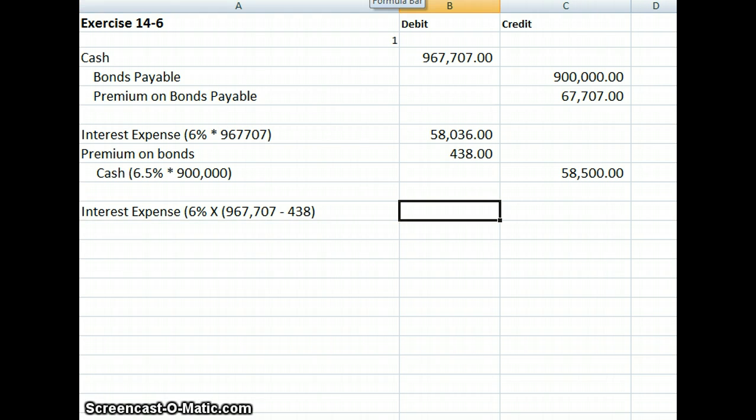So we multiply that out, and we end up with $58,036.